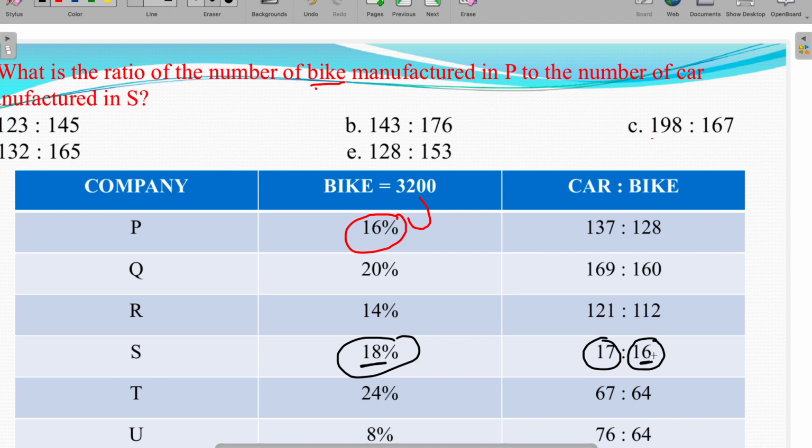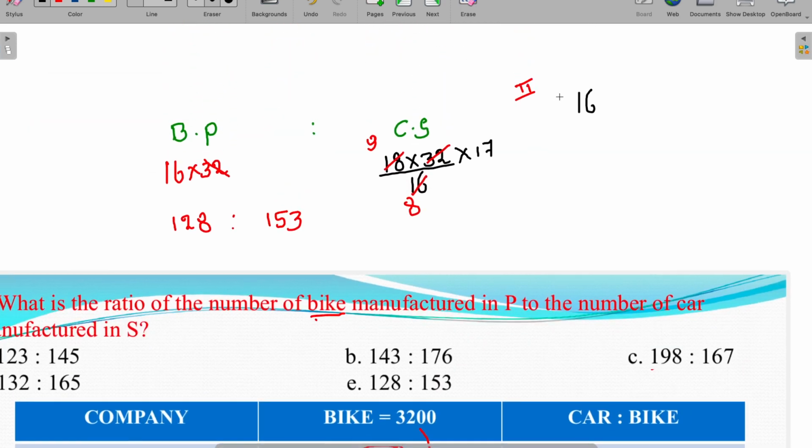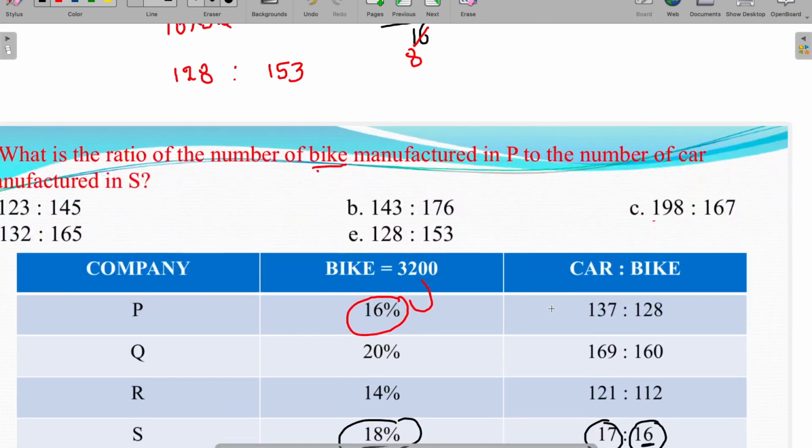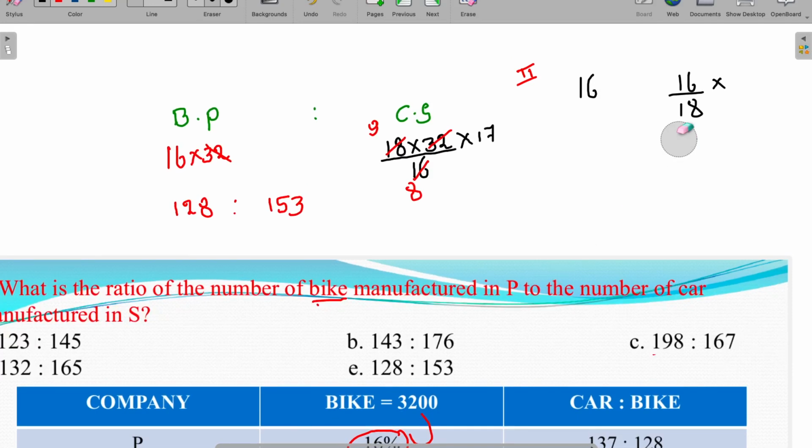So I want this number to be 18. I divide 16 by 18, into 17. Sorry, 18 divided by, because total 18 I have, but I want 16 into 17. This is enough to solve this question.